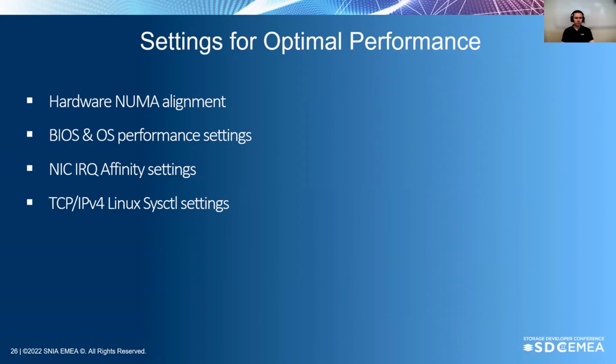And for some of the workloads, we use an additional specific set of settings. For example, in NVMe over Fabrics tests, we disable the default system interrupt balancer and configure the interrupts ourselves so that it matches the NUMA alignment on the system. And we also make some system level tuning, for example, in regards to TCP buffer sizes using sysctl settings.